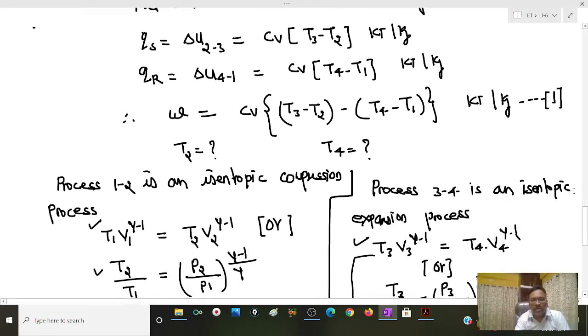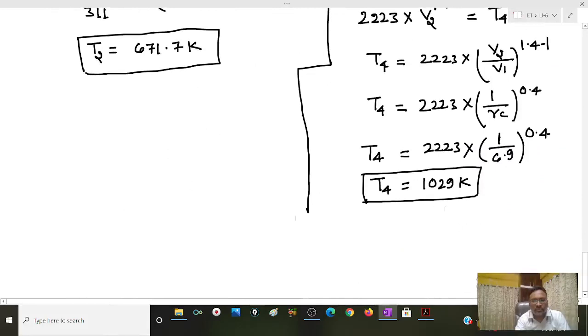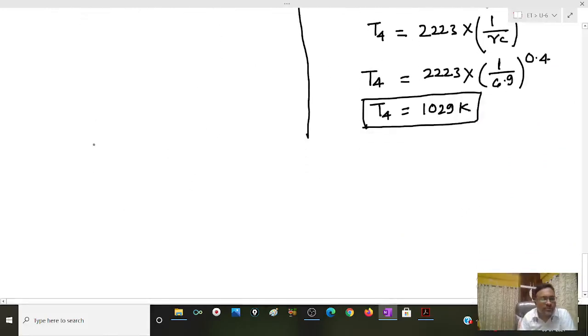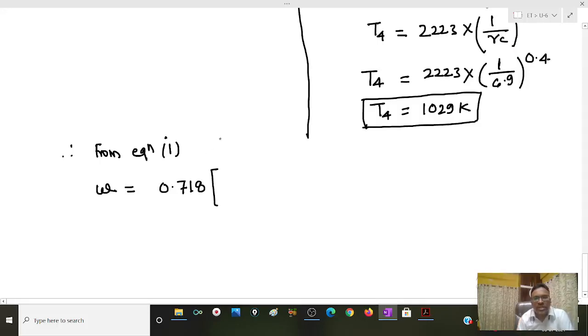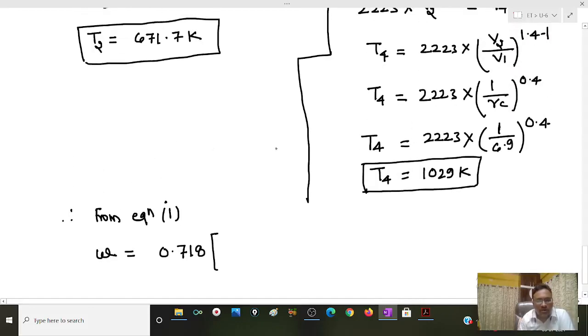So from equation 1, W will be, the value of Cv I can take as 0.718 kilojoule per kg, times T3 minus T2, the value of T3 is 2223 minus T2, which is 671.7, minus T4, which is 1029 Kelvin, minus the value of T1, which is 311.